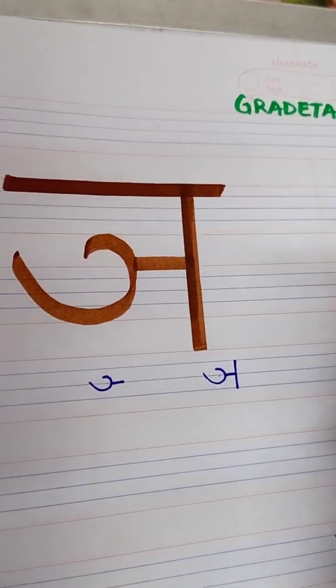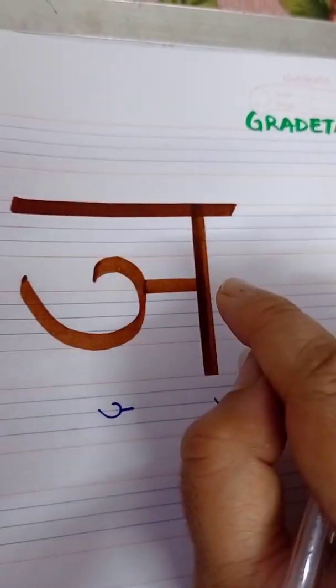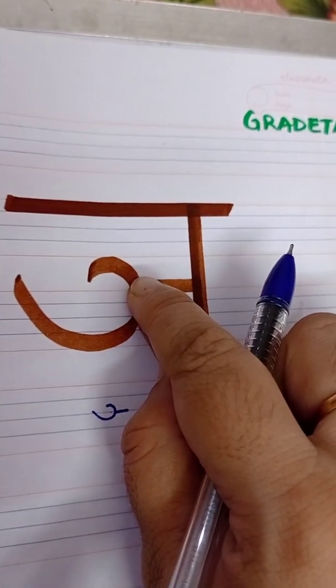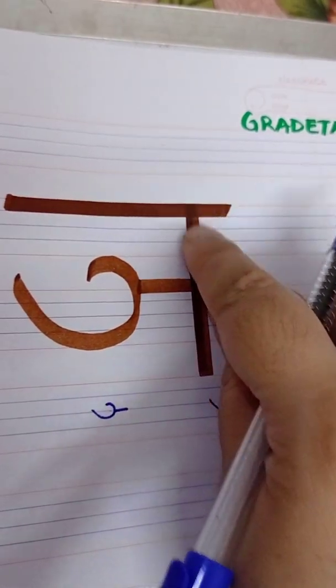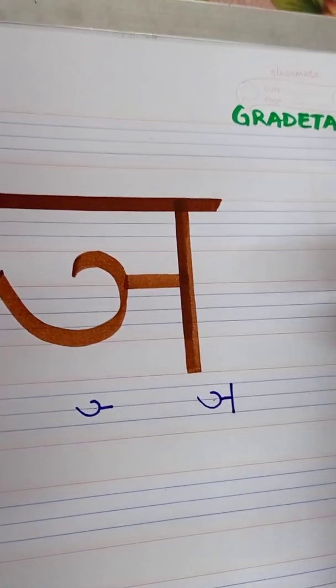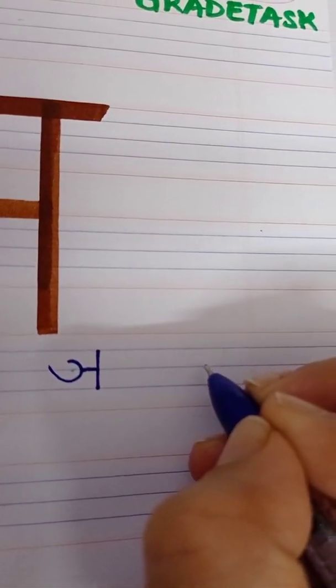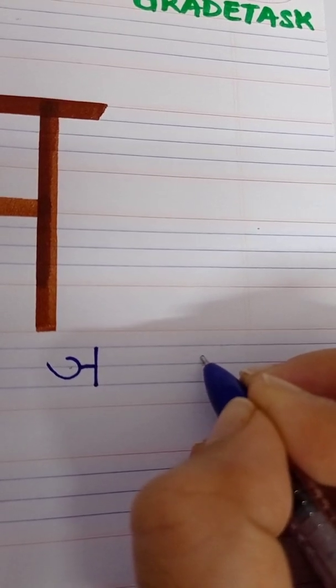And now the last step is to again make opposite curve, go up, cross the middle line, then make one sleeping line, standing line, and at the end you have to make one sleeping line at the top. Let us write it. Keep your pencil above this middle line here.